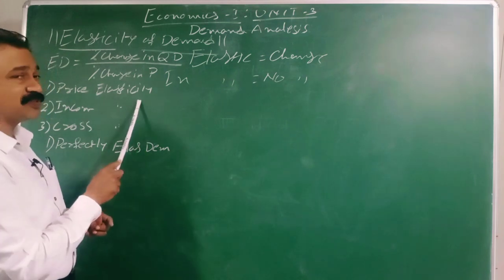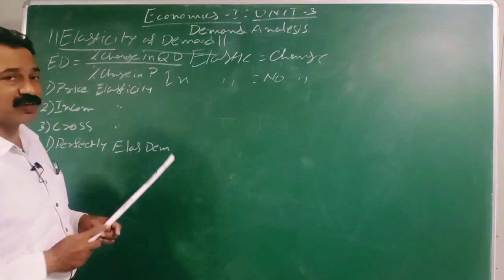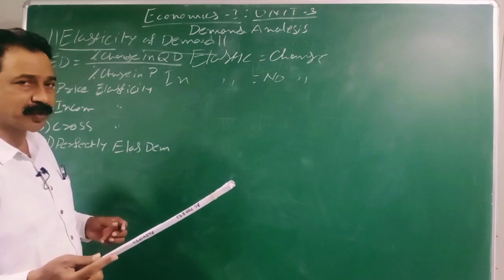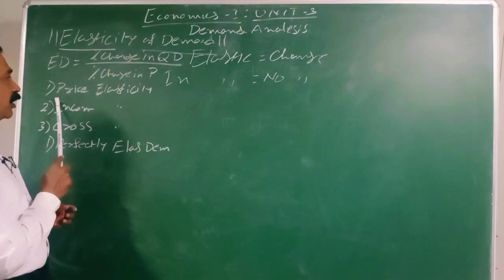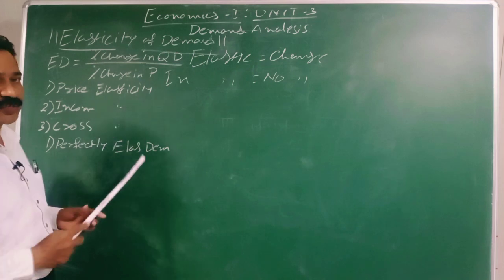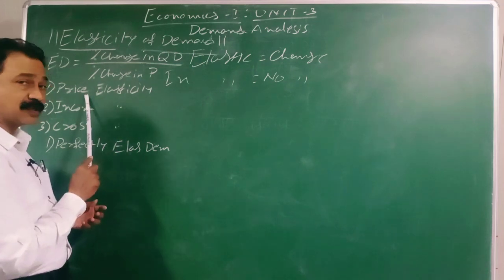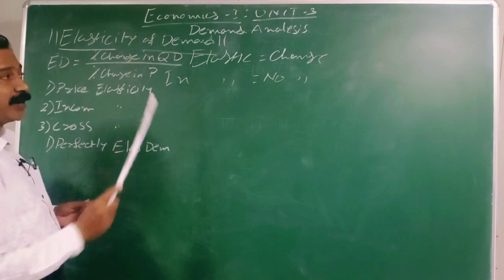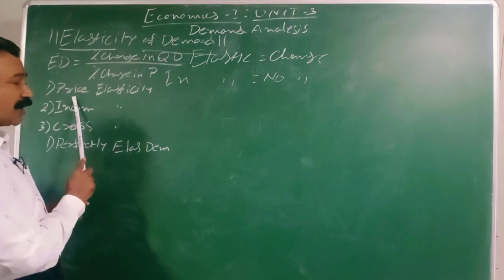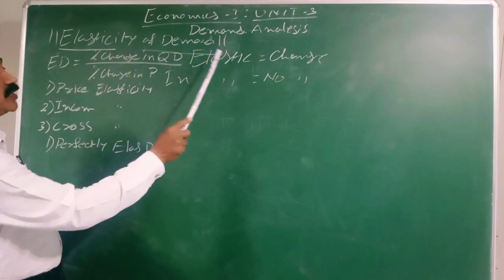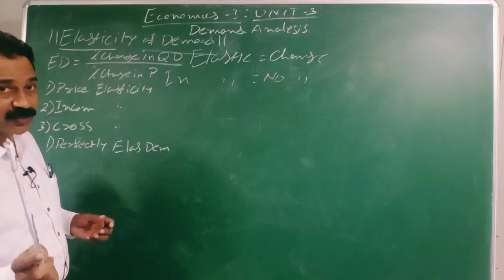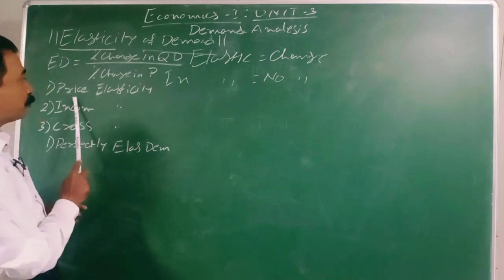So we will see those three types of elasticities. In the coming future we will discuss this. Today we will deeply discuss price elasticity: how price influences elasticity of demand, meaning how price influences change in demand. You got it? Elasticity of demand, change in the demand. So price.